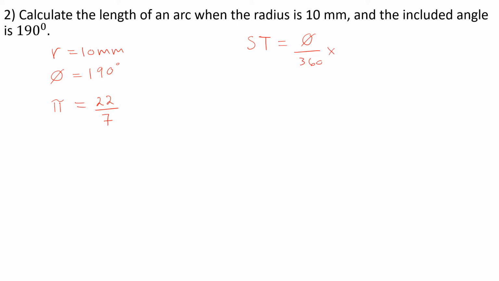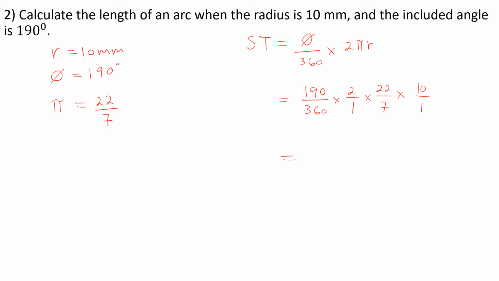We have the radius here, so let's use 2 pi r, which is the same as 190 over 360 multiplied by, let's say, 2 over 1 times 22 over 7, which is pi, times 10 over 1, which is our radius.